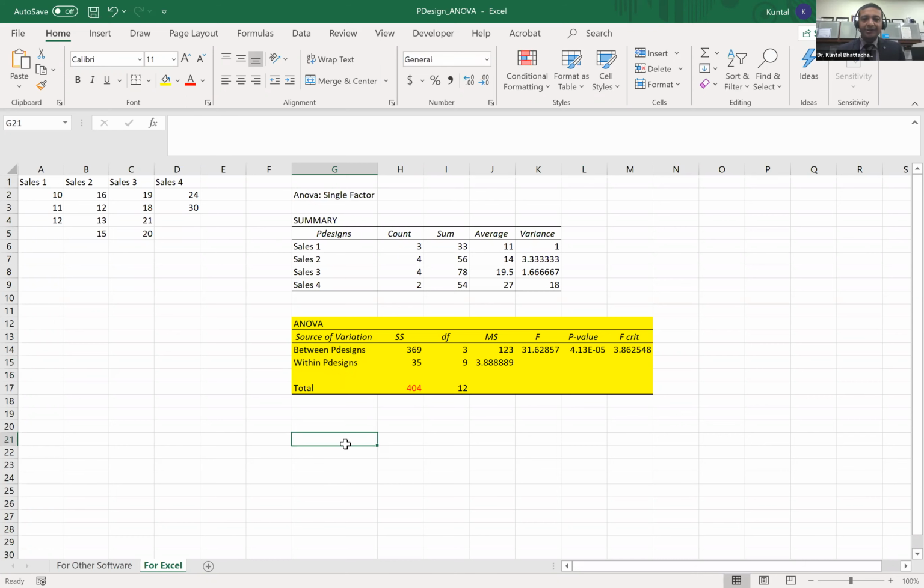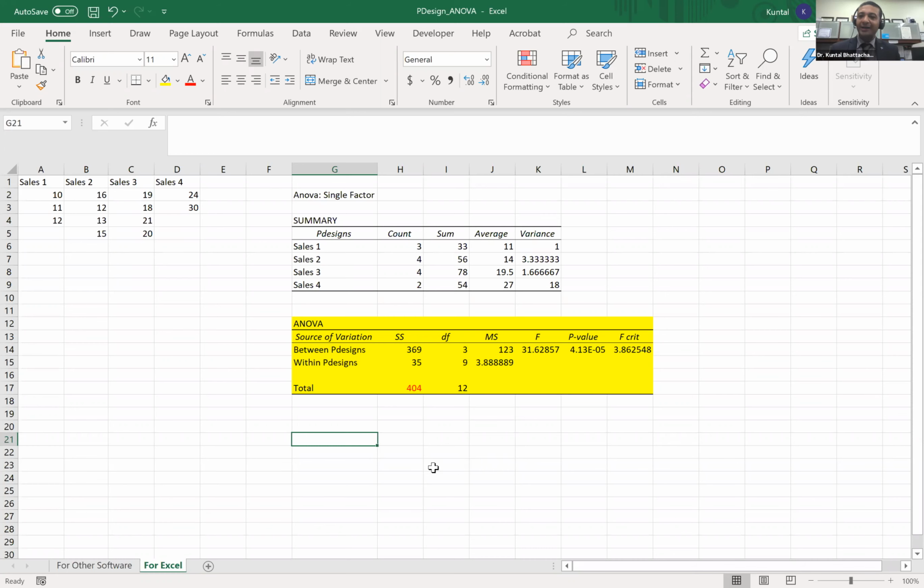Let's go back to the discussion that we were having. In order to make a case that package design impacts sales, you would want the variability between package designs higher, not the variability within package designs. This is something we just discussed a few minutes back. You want the variability between package designs higher.